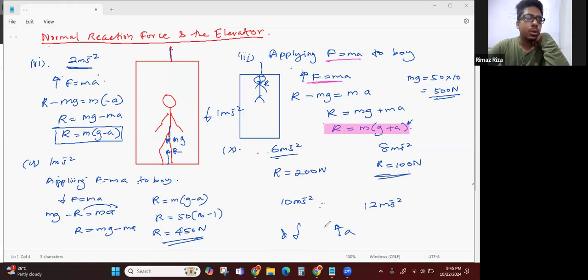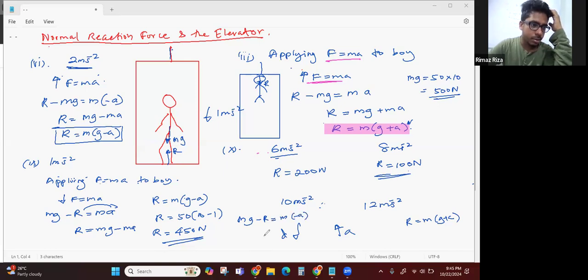Okay, so when acceleration is upward, we have R equals m(g plus a). But when the lift is moving downward with deceleration, we can use F equals ma downward: mg minus R equals mass times acceleration.